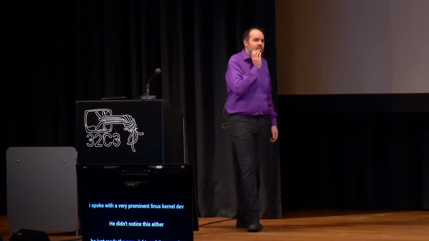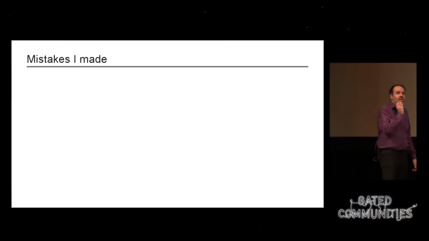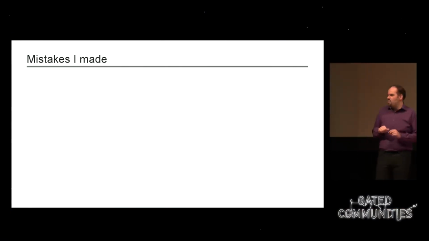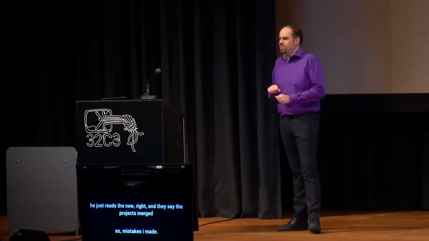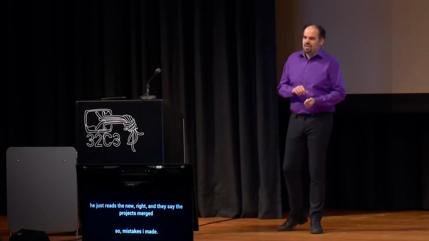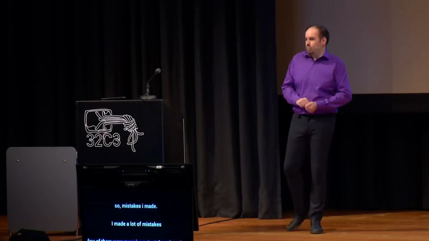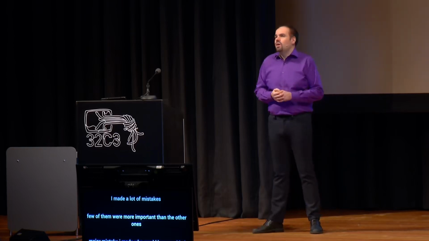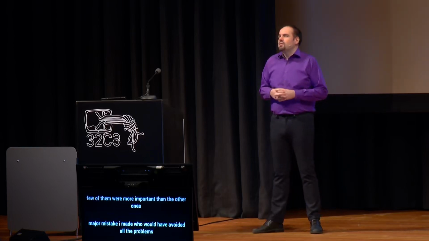So, mistakes that I made, a lot of mistakes. A few of them were more important than the other ones. The major mistake I made, which would have avoided all these problems, was to not release anything, because that is what sort of signals activity in the project to anyone who's not working on the project.